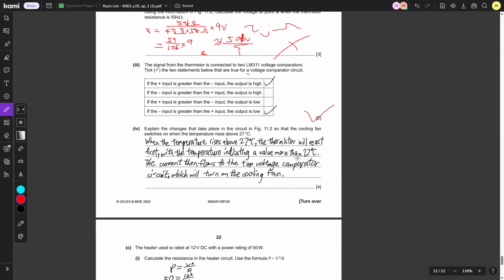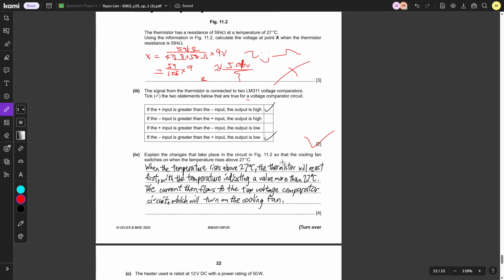Explain the changes that take place in the circuit so that the cooling fan switches on when the temperature rises above a set value. When the temperature rises above, the thermistor will react first. With the temperature indicating a value more than the threshold, the current then flows to the top voltage comparator circuit, which will turn on the cooling fan.